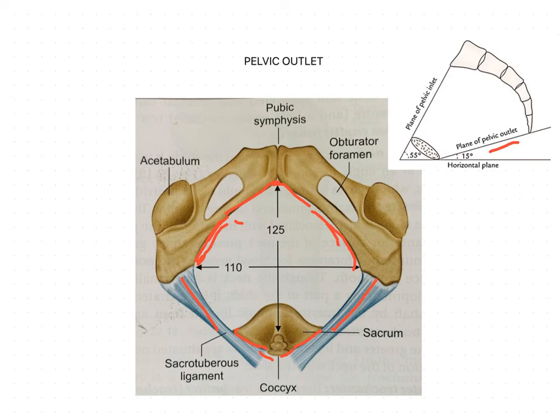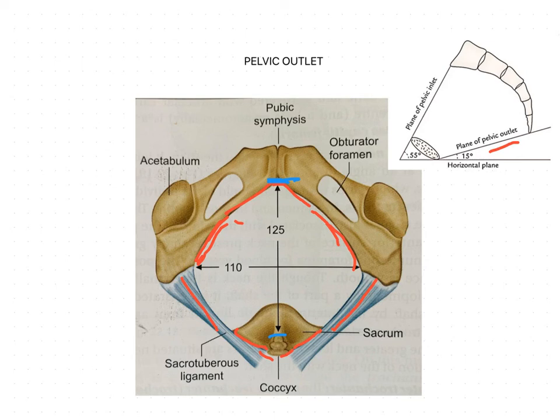It is measured from the apex of the coccyx, which you can see here, to the lower border of the pubic symphysis. This forms the antero-posterior diameter, and it is about 125 millimeters. So the AP diameter is greater in the outlet when compared to the inlet.